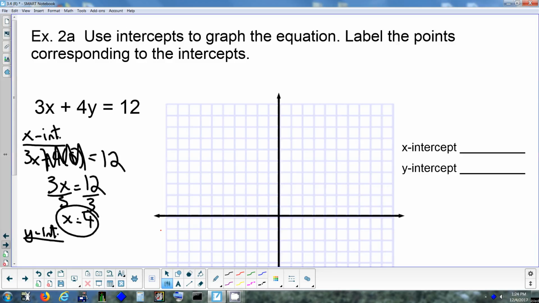So where am I plugging in 0? For what letter? X. Good. So what do I write? 3, 0 in parentheses, plus 4y, equals 12. Excellent. Let's scroll down a little bit.